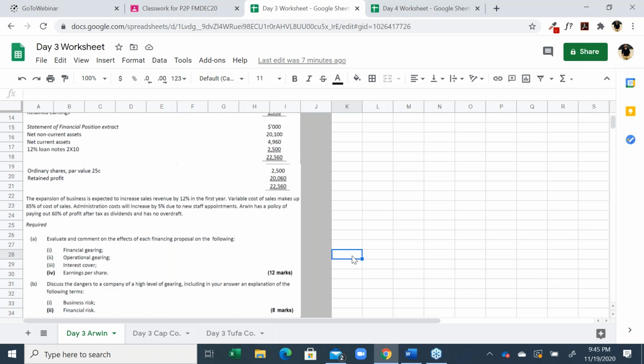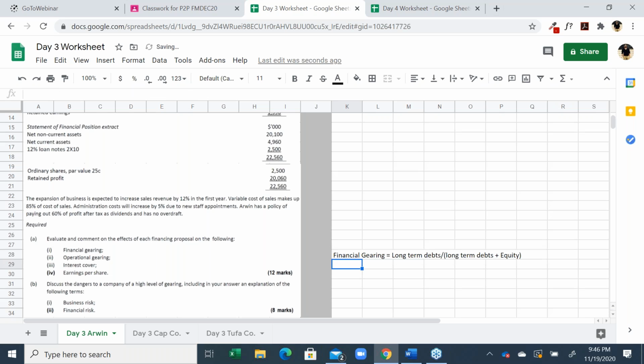Let me write the formulas for each of these four in case you don't know. Financial gearing will be equal to your long-term debts, including preference shares, divided by the sum of your long-term debts, including preference shares, plus equity.